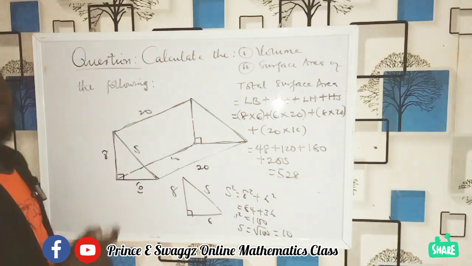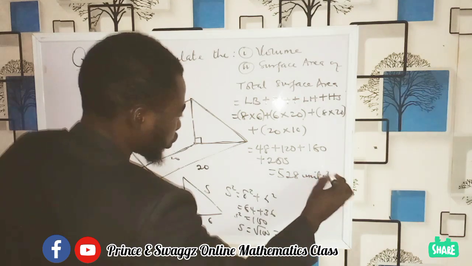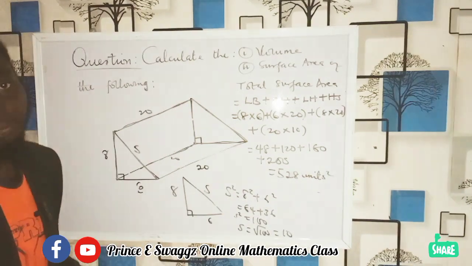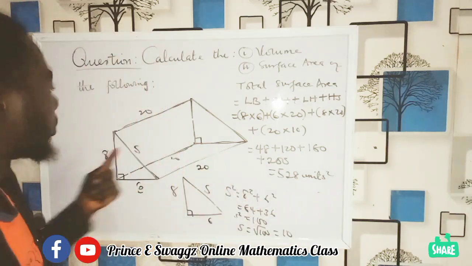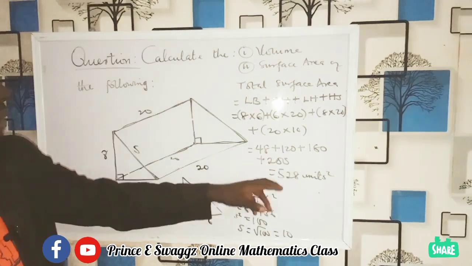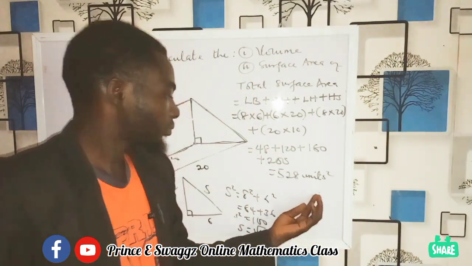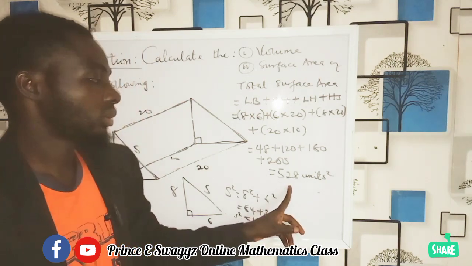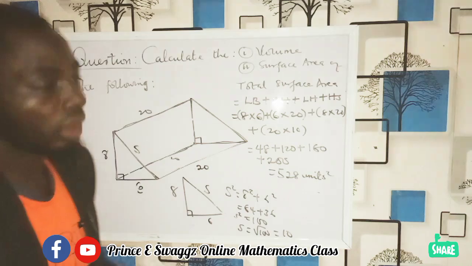But because we are dealing with area, we are going to write units squared, since I didn't put centimeter there. But if we are given centimeter, it is centimeter squared. If we are given meter as the value, it is meter squared. So you should know that. So the total surface area of this shape is 528 units squared, and that is our final answer.